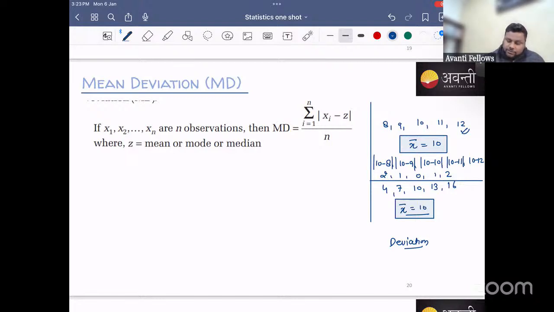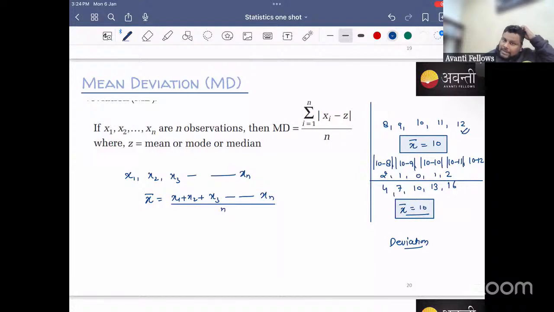Understood? See, you have observations x1, x2, x3 up to xn. Then you found their mean. Mean is x1 plus x2 plus x3 up to xn whole divided by n. Now you are calculating their deviation. Deviation is x bar minus x1, x bar minus x2, x bar minus x3, and so on, x bar minus xn. Then you take the mod of all of them.